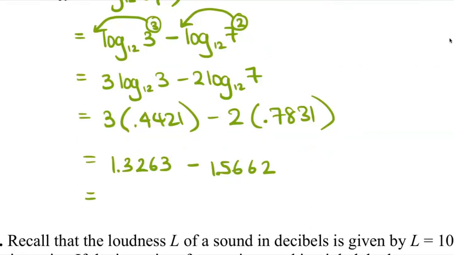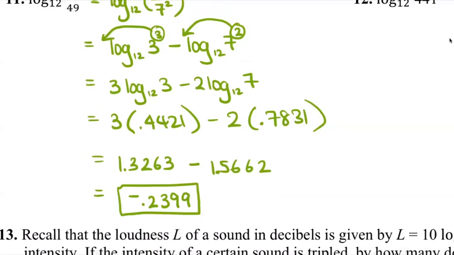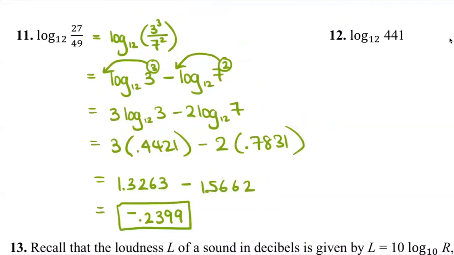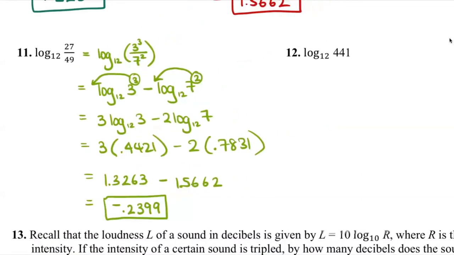All right, and then that is a negative point 2. Yes. Okay. All right. So that is number 11.